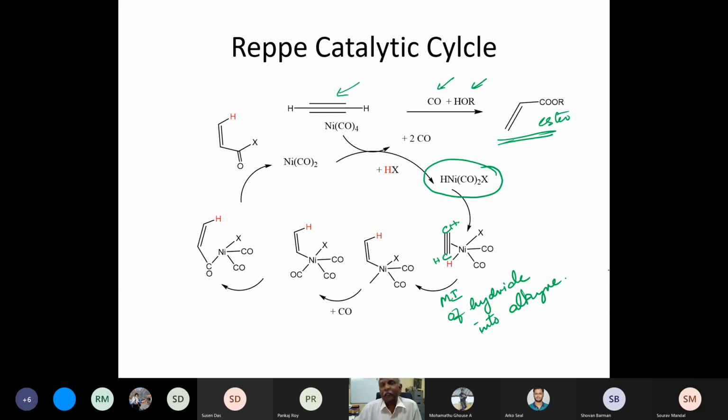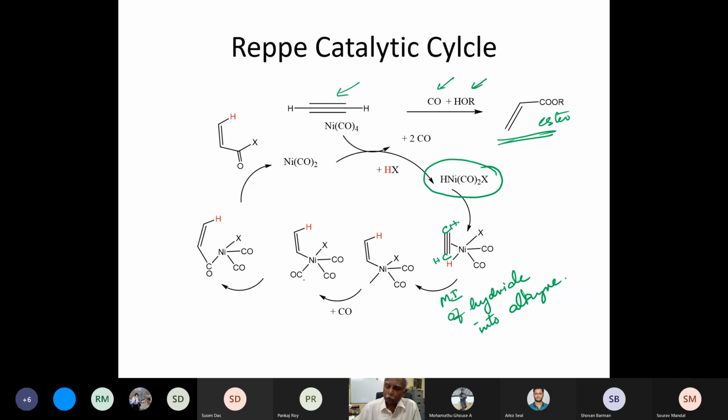And you can see immediately that it need not be an alkene. Last time we had alkene, now we are having an alkyne. That's the only difference. But nickel does this better, and it's cheaper. So why use something else? So you would end up with a vinyl group, and the vinyl group now migrates to carbon monoxide.